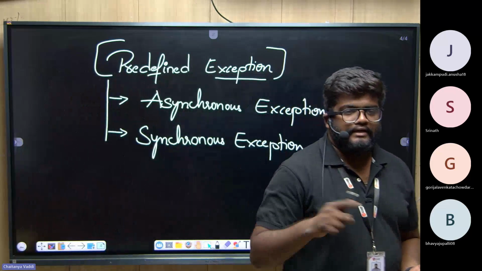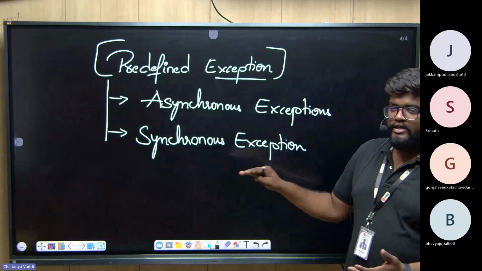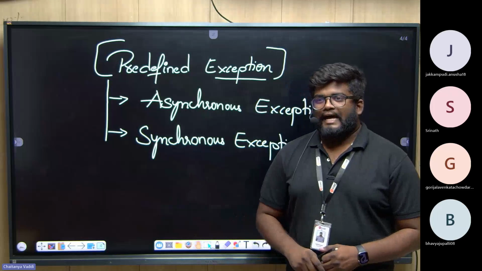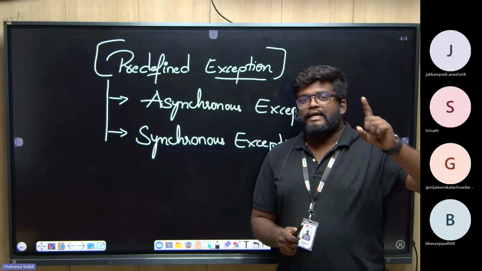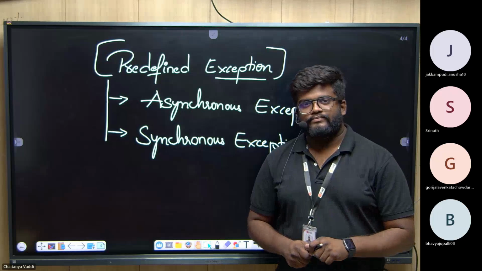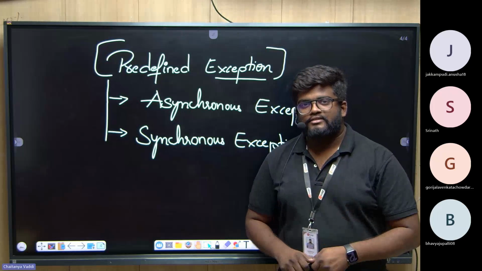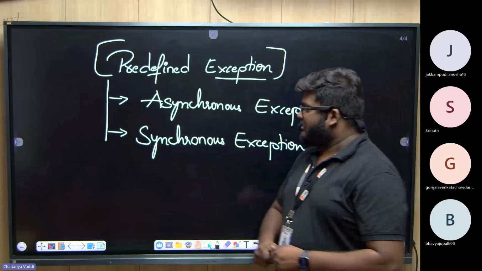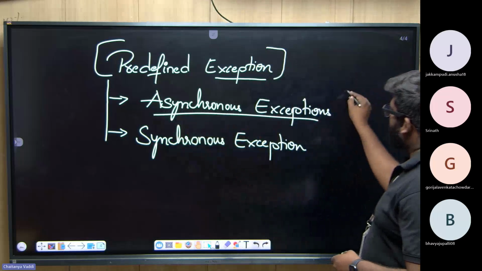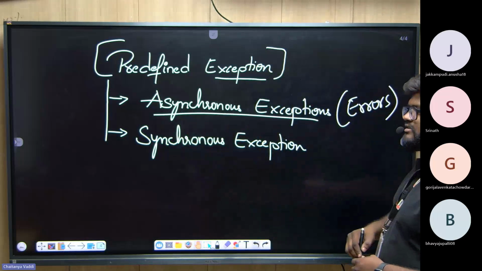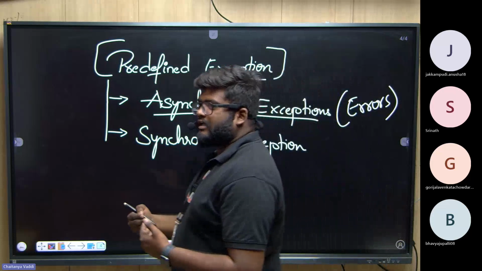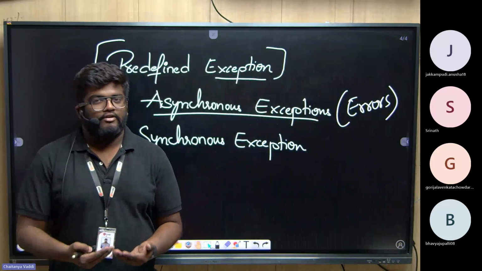Again, this will take us back to something that we have already learned in this session. Asynchronous exceptions are the exceptions that occur due to an external factor. Can you guess what it is? Of course, the error. Asynchronous exceptions can be considered as errors. So errors also can be called asynchronous exceptions.